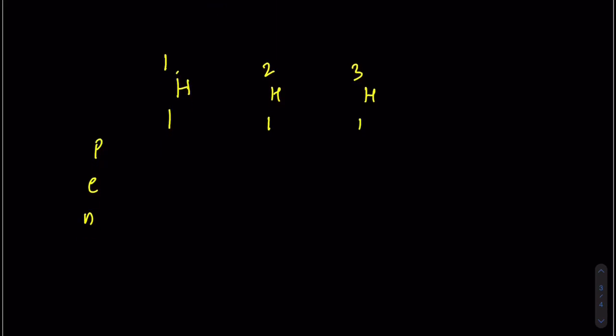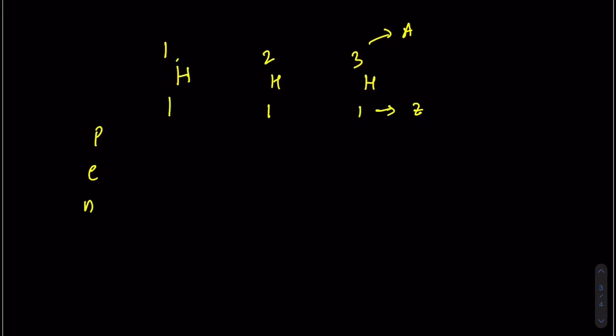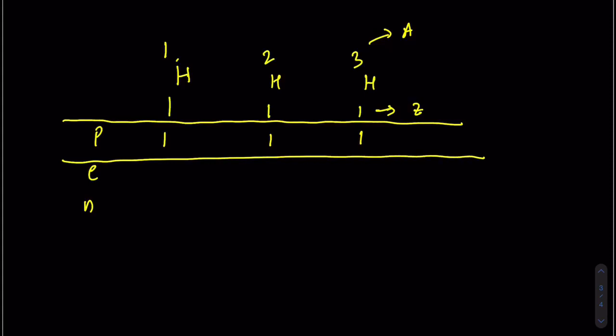The top number represents the mass number, and this is the number of protons, or the atomic number. Every single element here is going to have 1 as the number of protons, because that's the definition of isotopes. They must have the same number of protons. And if it's electrically neutral, the number of electrons would be the same as well.